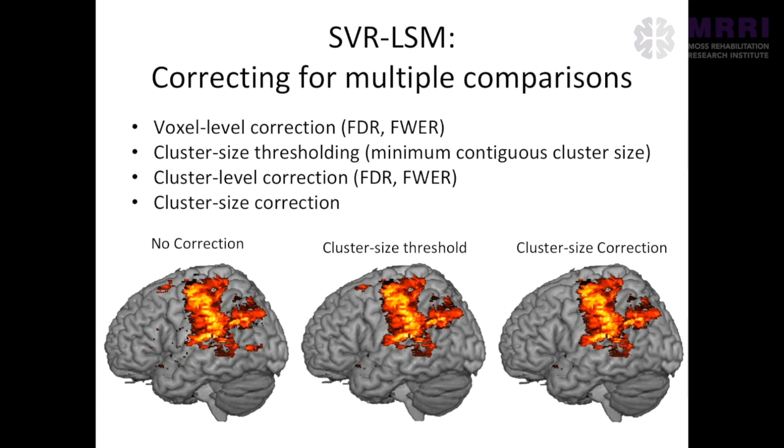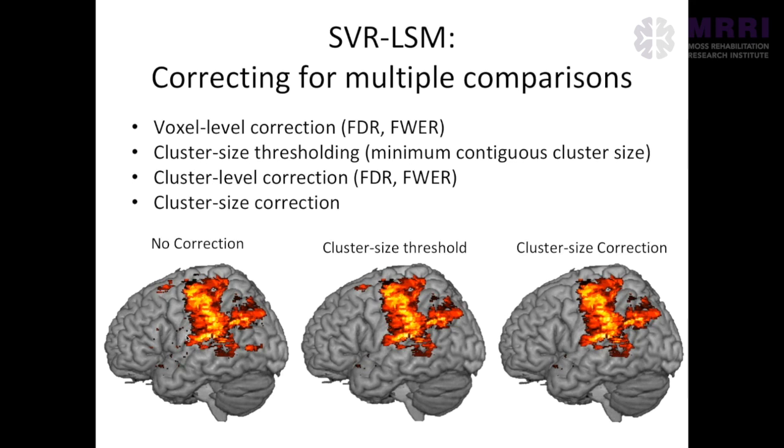Then you compare your data against this null distribution, and you say, if the clusters that I have are larger than, say, 95% of all the random clusters that I saw previously, then I'm going to keep those.